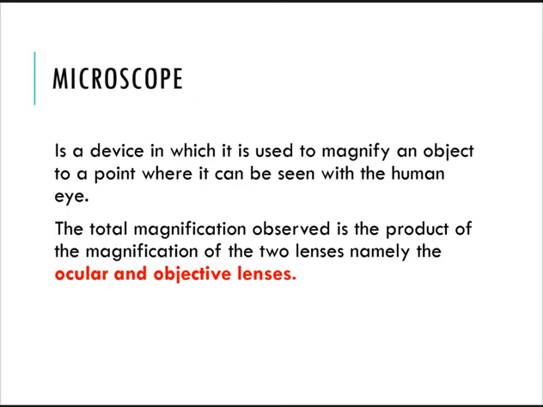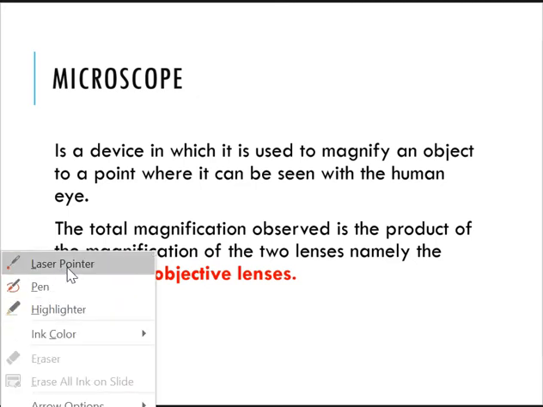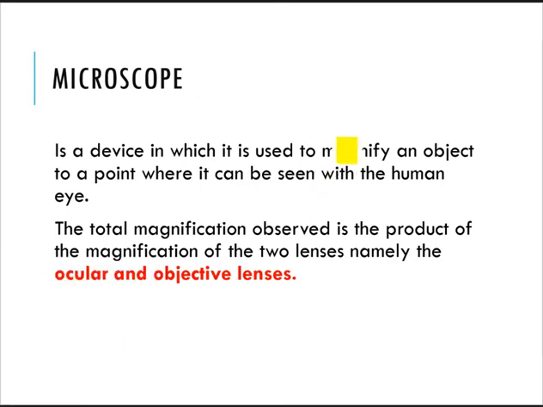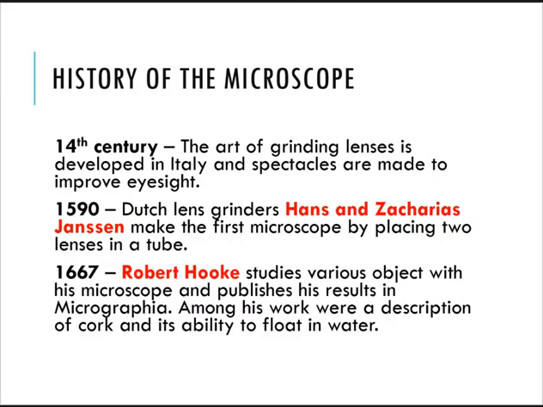That's just a run through of your microscope. Let me just use your highlighter here. Magnify an object and then the total magnification. Just take note: the total magnification is the product of your two lenses, mainly your oculars and then your objective lenses. Okay, let's proceed.